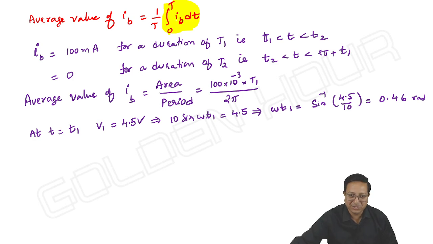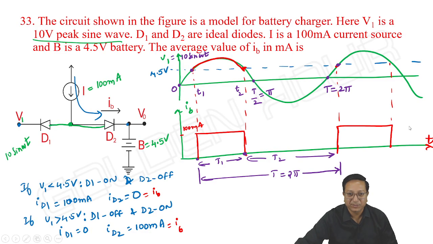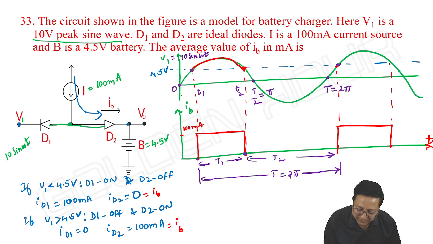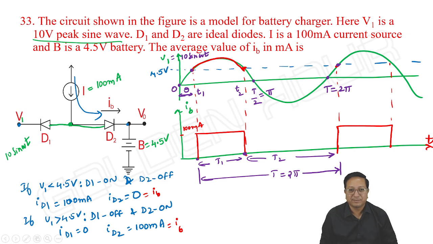Omega t1. Why I mentioned so? See this. If I take this angle as theta, theta is equal to omega t. Then what about this angle? This is also theta, because sine theta is equal to sine 180 minus theta, right?